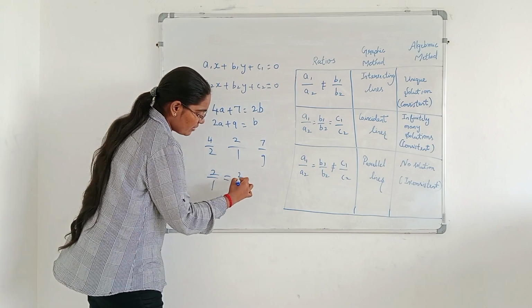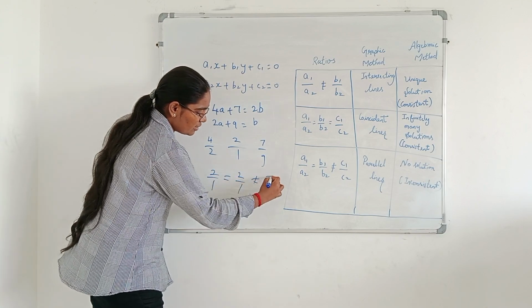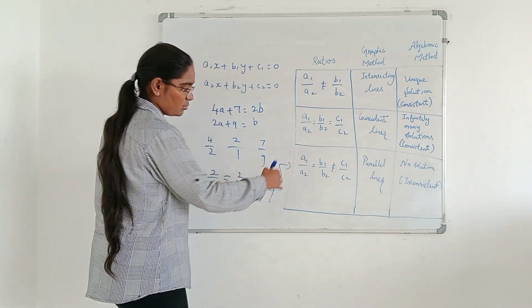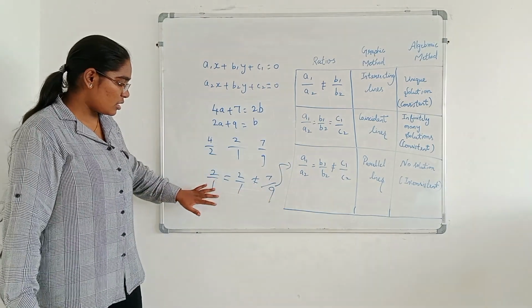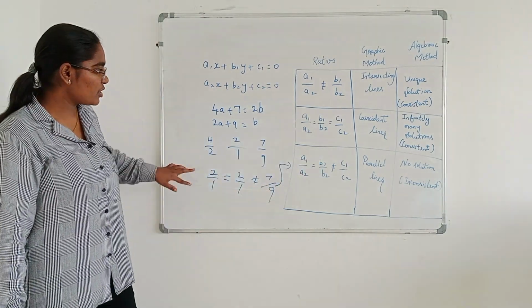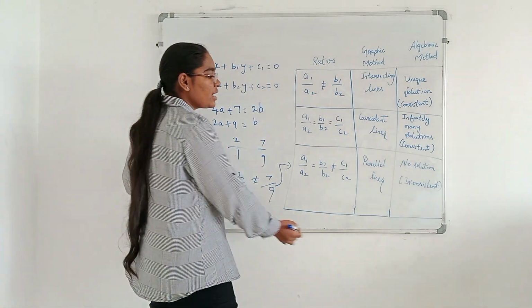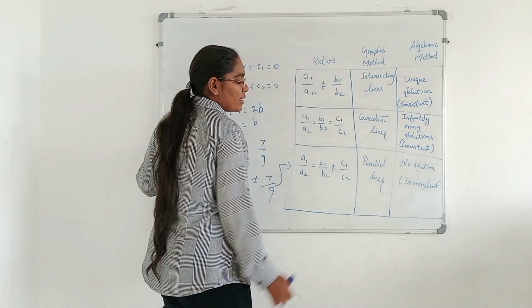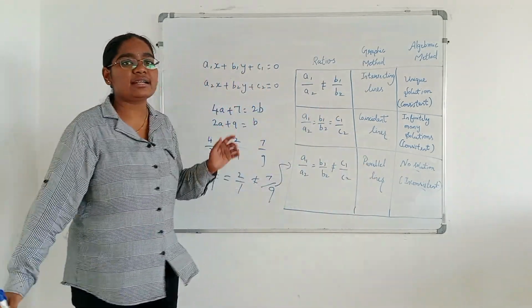So 2 by 1 equal to 2 by 1, and these two are not equal to 7 by 9. So a1 by a2 equal to b1 by b2 not equal to c1 by c2. So these two equations are inconsistent. It has no solution, and in the graphical method, you will obtain parallel lines.